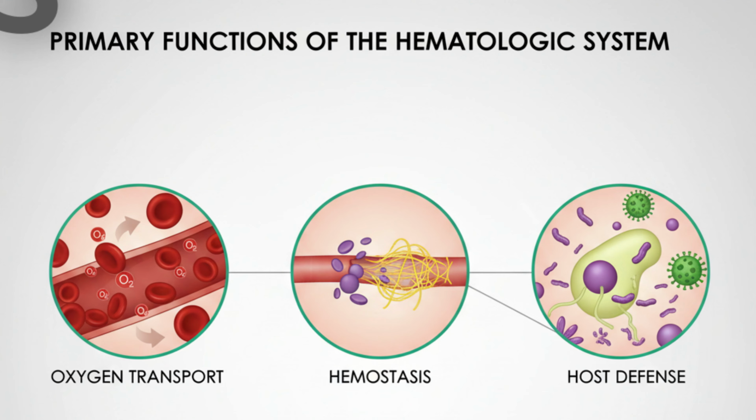The hemoglobin saturation and red blood cell mass determine oxygen carrying capacity. The hypoxia stimulates renal erythropoietin, which increases erythropoiesis.